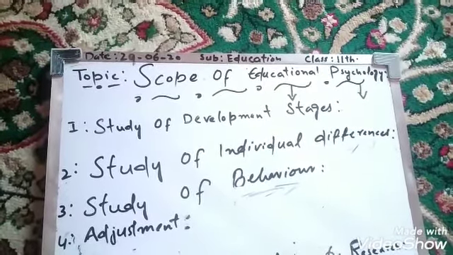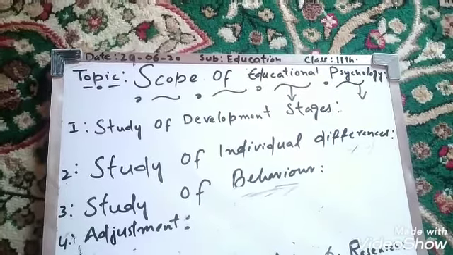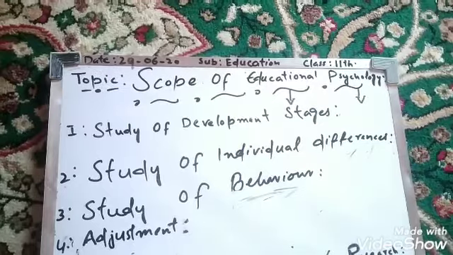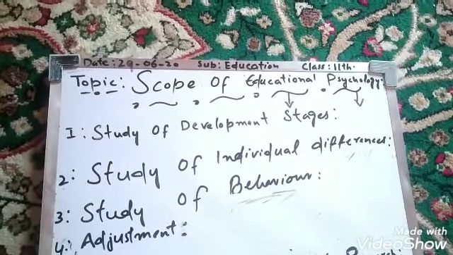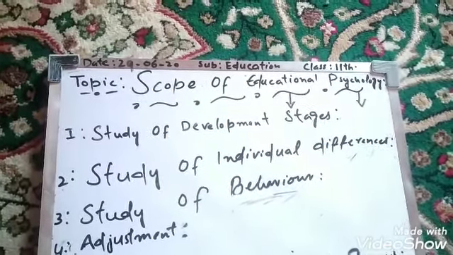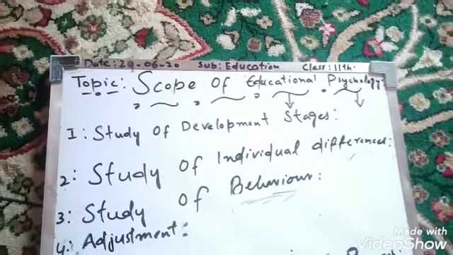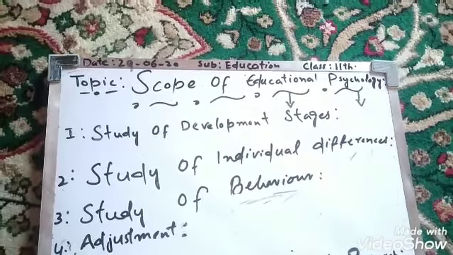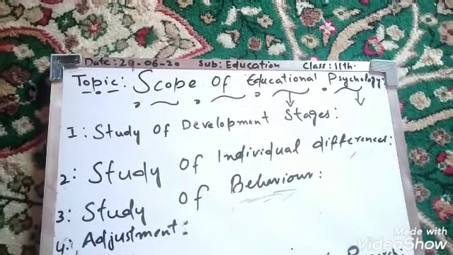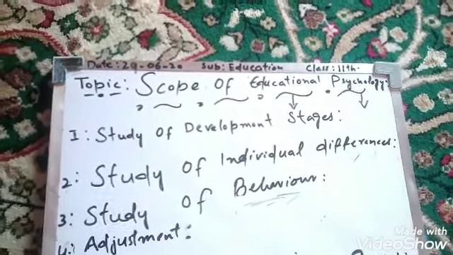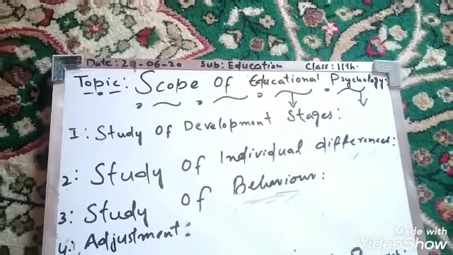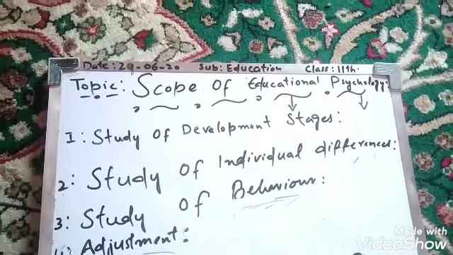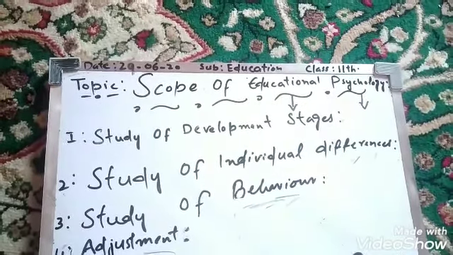But the teacher must know the comfortability, the adjustment of the students, whether all the students are sitting comfortably, whether all the students are adjusted or not. He or she must know these things. Why are the students not adjusted? Why is he not feeling comfortable? What is the problem? With the help of educational psychology, he can know the maladjusted or uncomfortable students.